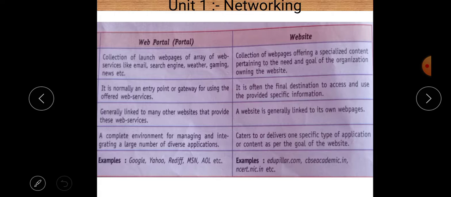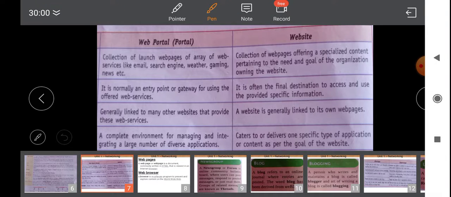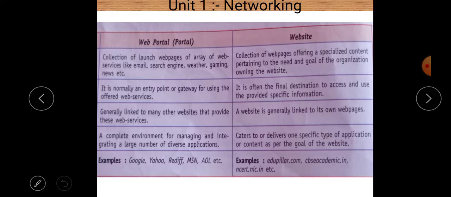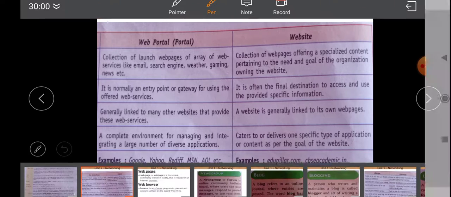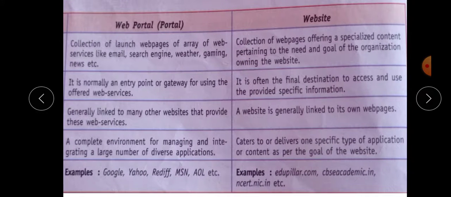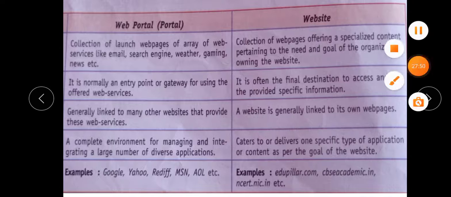Now let us come to the point: what is the difference between a web portal and a website? The difference is discussed here in detail. The first point regarding the web portal is that a web portal is a collection of launch web pages of an array of web services like email, search engine, weather, gaming, news, etc. While a website is a collection of web pages offering specialized content pertaining to the need and goal of the organization owning the website.